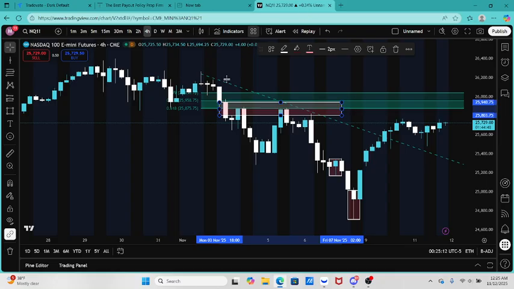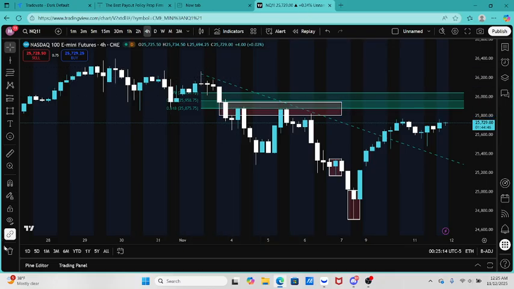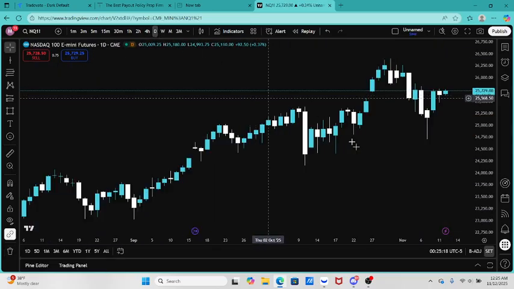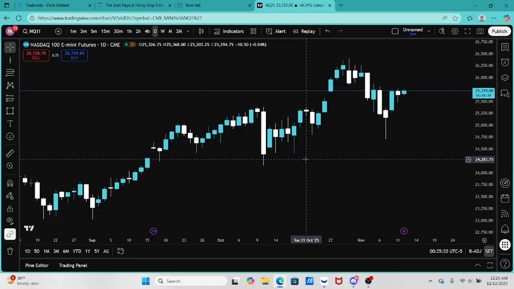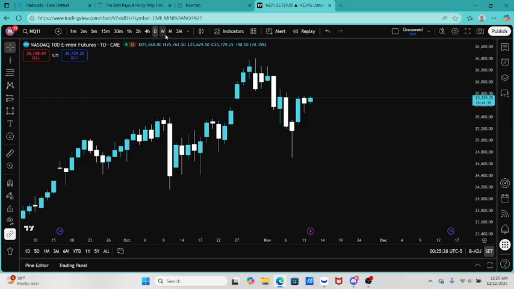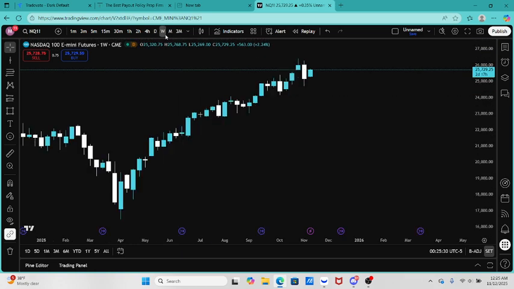All right. But yeah, let me clear this stuff out. So this is basically the recipe and the strategy of how you trade. So for one, you're going to start at like the weekly or daily chart, and then you're going to go from the highest time frame down, because the higher the time frame, the more important it is.